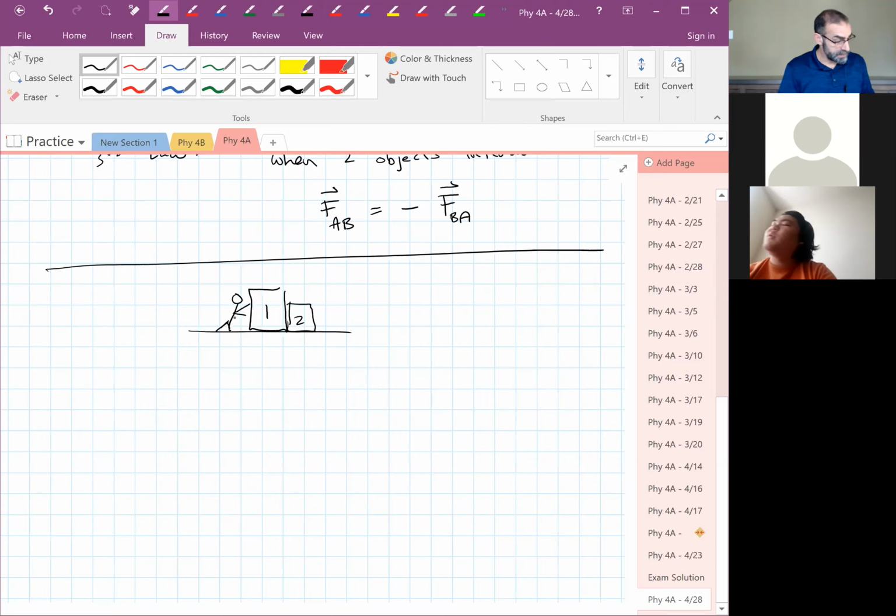And let's see, should we do... Let's do it with friction. So there's friction. And the person is pushing on these crates, and they're sliding across the room in this direction.